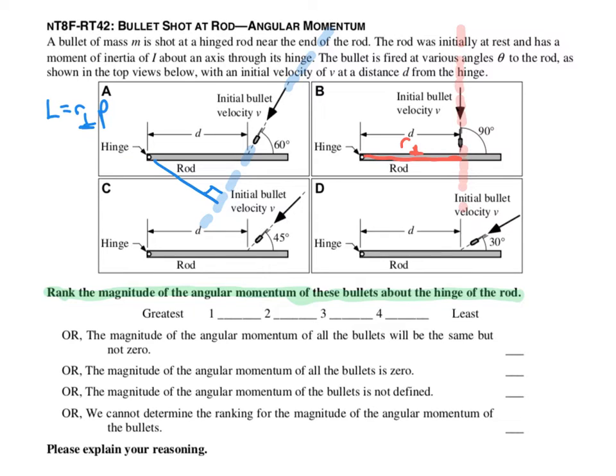If we look at case C, our line of action is this, and so our moment arm is this. And finally, if we look at case D, we have this, and so our moment arm is this.